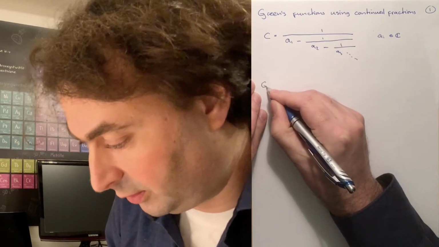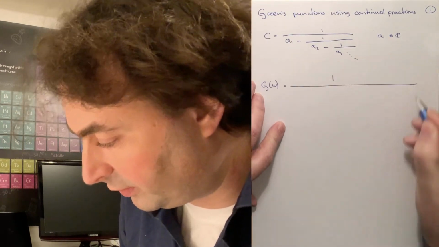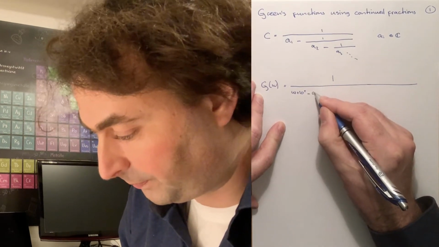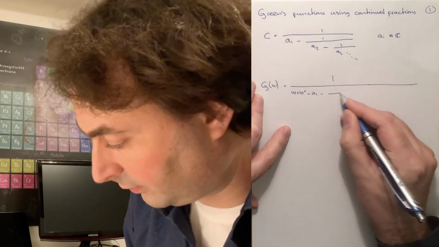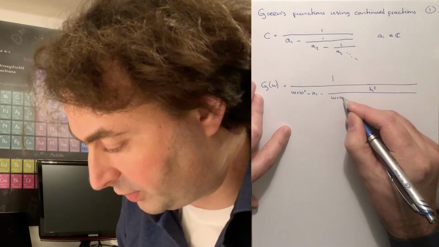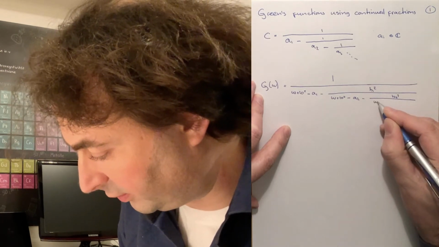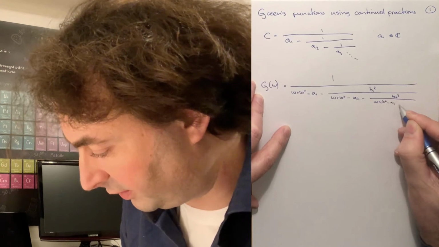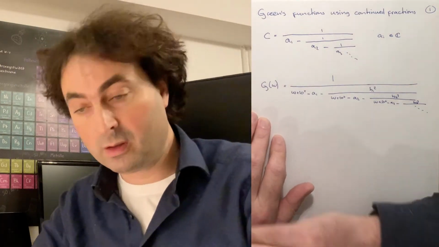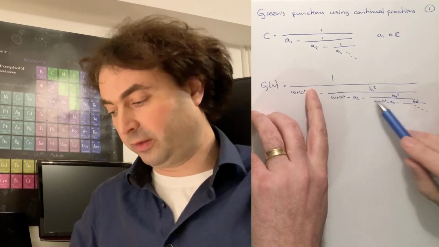If we want to write down our Green's function in terms of a continued fraction, then we should realize that this is a function of our frequency with a small imaginary offset, and then a real number b1 squared over omega plus i0+ minus a2 minus b2 squared over omega plus i0+ minus a3, etc. So also here we can write our Green's function in terms of a fraction with in the denominator another continued fraction.